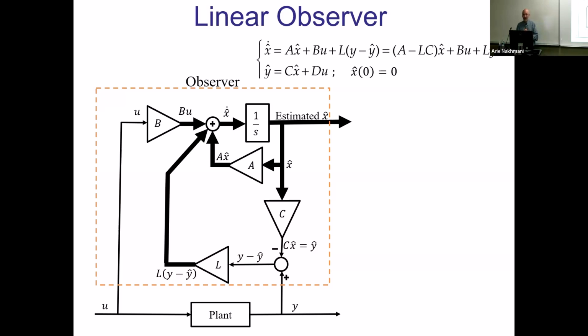More than that, if you remember controller design, we had here A minus BK for the closed loop system. Remember that from the previous lecture? Now you have A minus LC. This is exactly the same problem, just transposed. Instead of BK, you have LC.